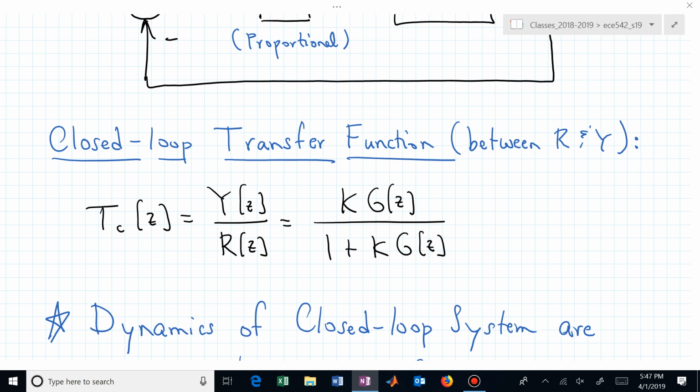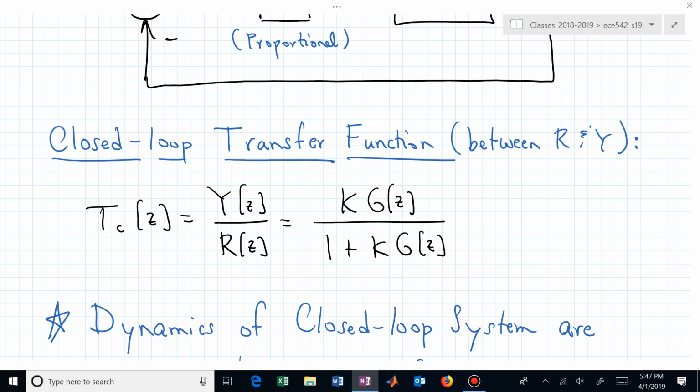You have kg over 1 plus kg. Is there anything there that gives you insight into how that system will behave in the closed loop? What influences the dynamics of that closed loop system?